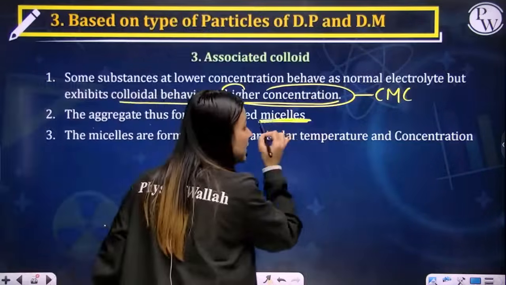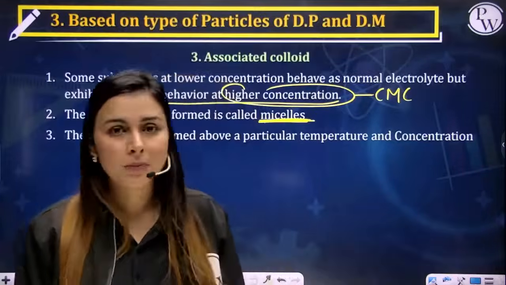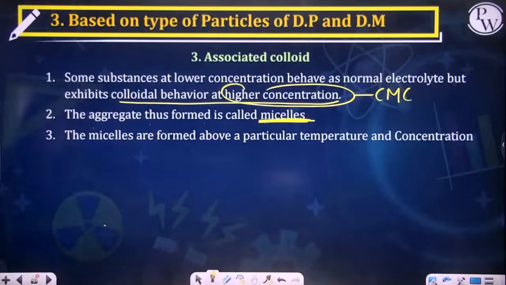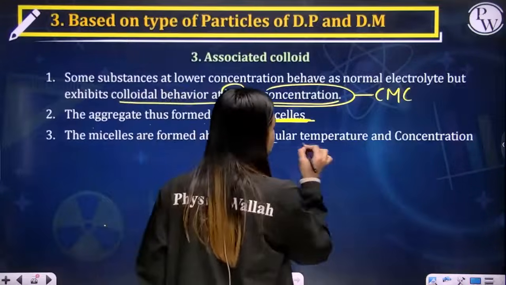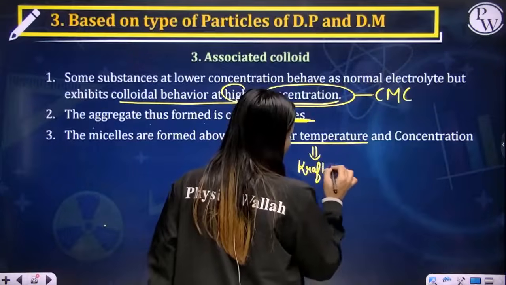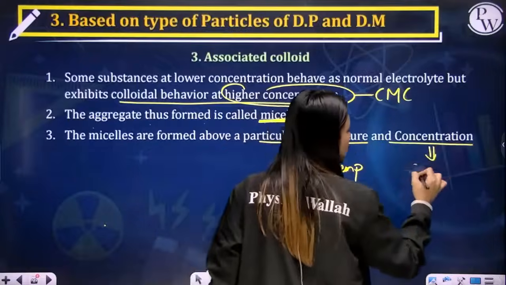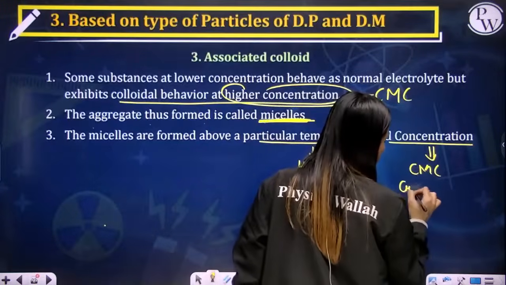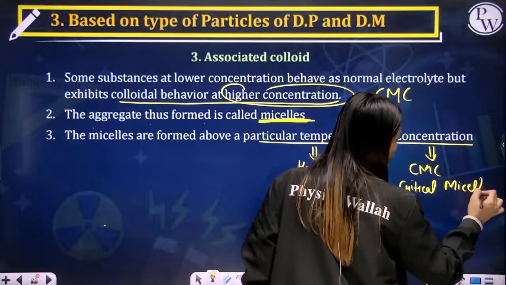The micelles are formed above a particular temperature, and this particular temperature is known as the Kraft temperature. So you need a particular temperature and a particular concentration, which is the CMC, that is your critical micelle concentration.